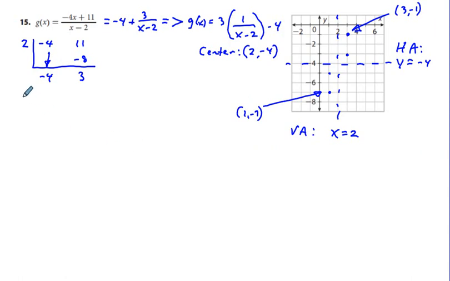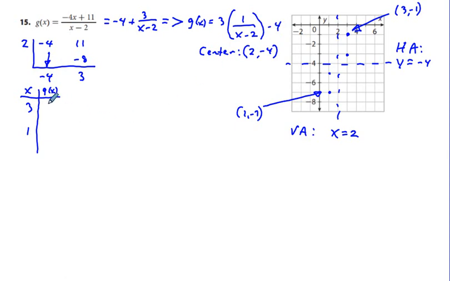And to verify, we can set up a table again like we did for problem 11. So if we have x, g of x, 1 unit to the right of the vertical asymptote is going to be 3. 1 unit to the left of the vertical asymptote is 1. And just see what we get. If we plug in 3, we get 3 times 1 over 3 minus 2, so that'd be 3 times 1 minus 4.